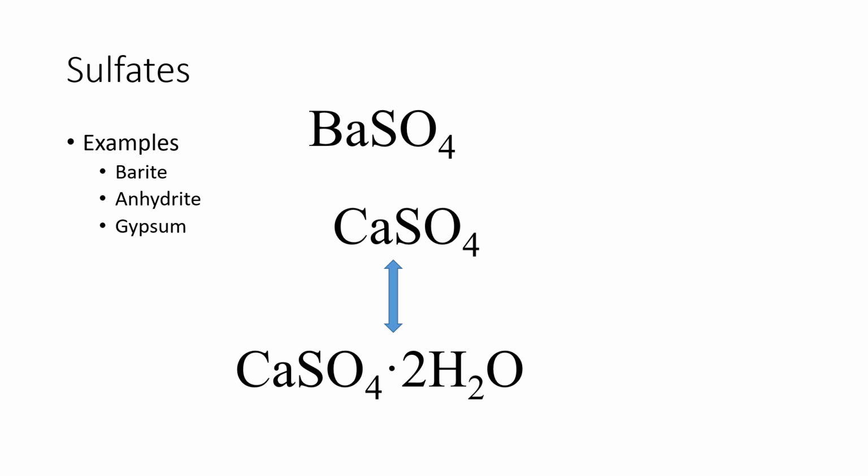So I mentioned barite when we were talking through the lab stuff because it's so dense. And then here, we actually saw this one, gypsum, in the lab. There's another version of calcium sulfate called anhydrite, which we did not see. It's a much harder mineral. Remember that gypsum is really soft.